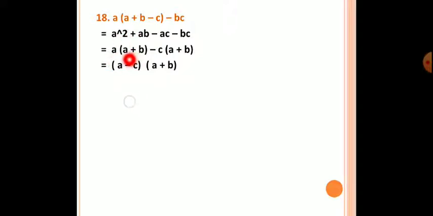So what is left is a square divided by a is a, plus ab divided by a is b. From the last two terms we can take minus c common. So ac divided by c is a remaining, minus bc divided by minus c is plus b. So one of the factors is a plus b, another factor is a minus c.